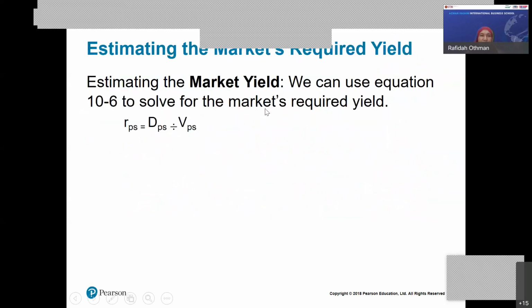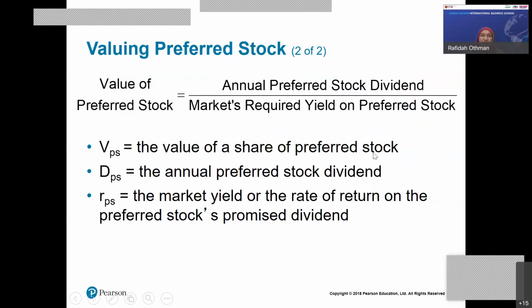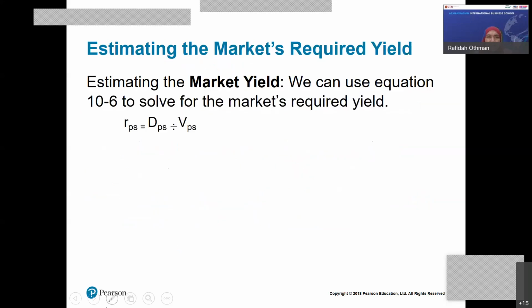Let's see one here, annual dividend. So P0, or value for preferred stock, equals the annual dividend divided by the expected required yield on preferred stock, the return for preferred. Okay, let's look at the example.